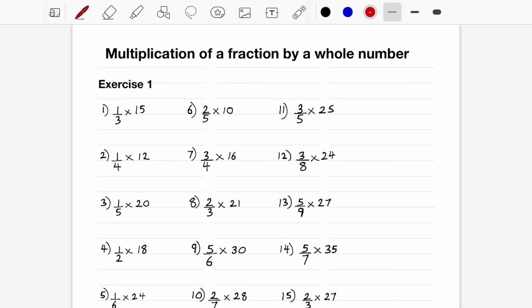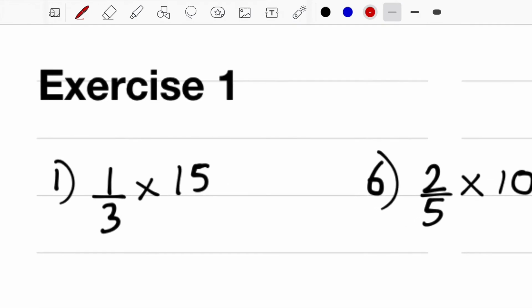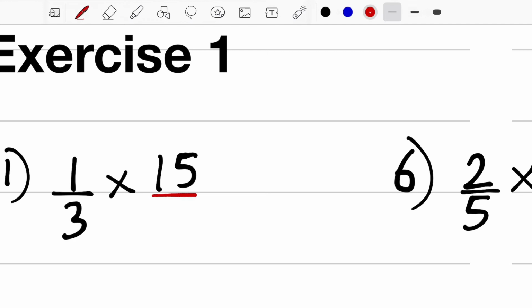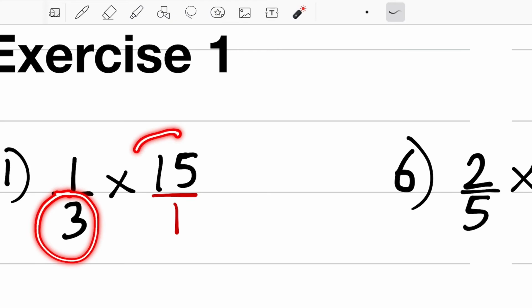Multiplication of a fraction by a whole number. Exercise 1. So what some persons do is put the whole number over 1, which is fine. So we check to see if there's any number that can go into a denominator, and the same number can also go into the numerator without a remainder.